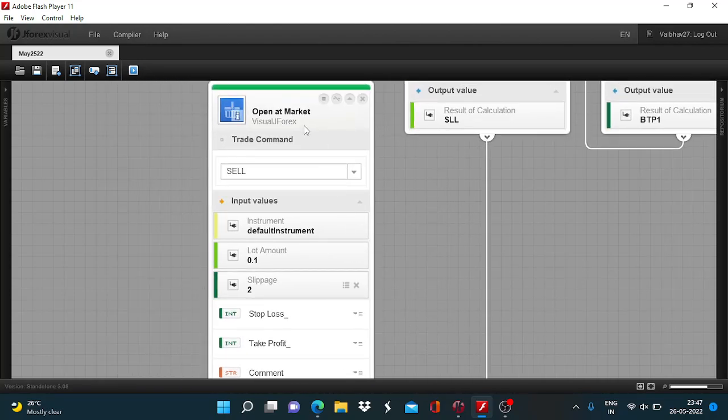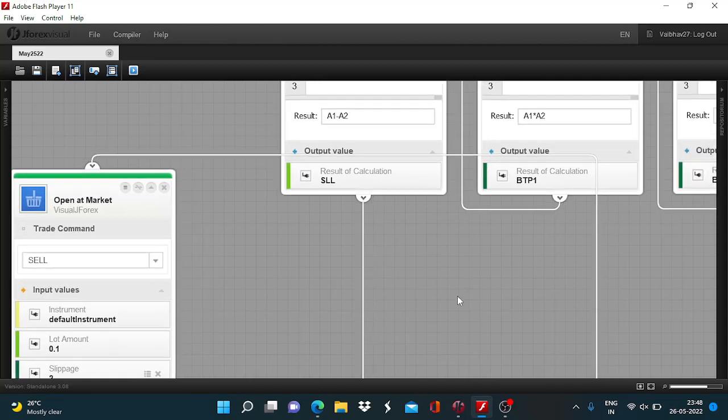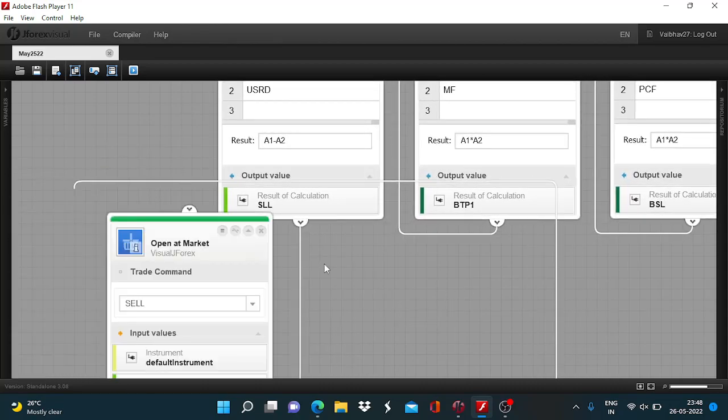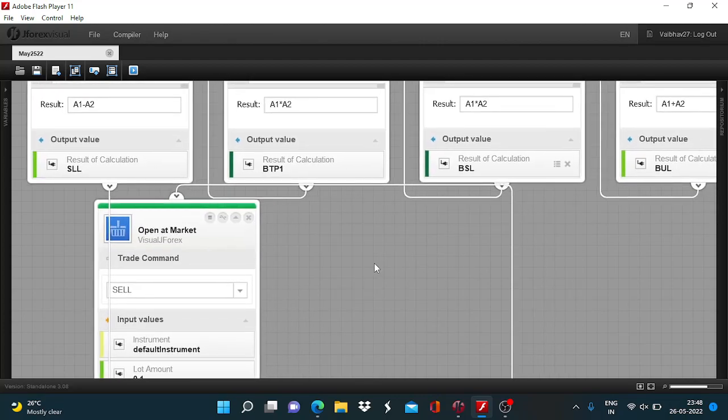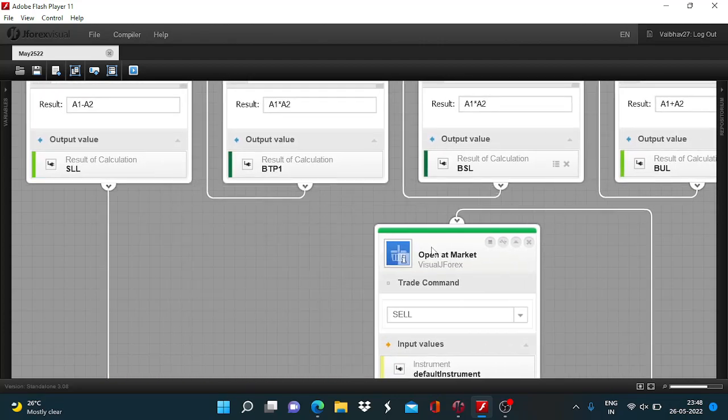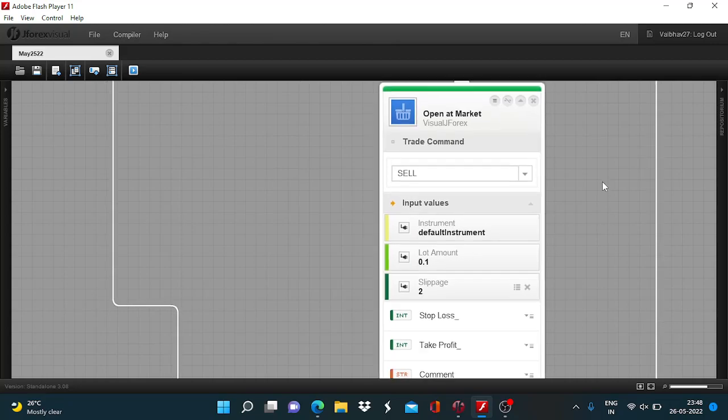For that, we had created the variables last time around. 25% of the actual difference is stop loss and twice of it is take profit. So we will take these two variables as they are.